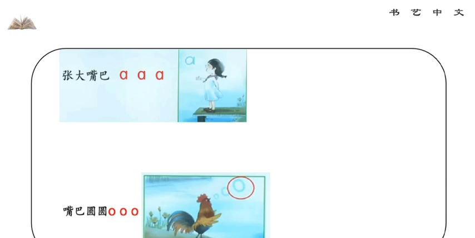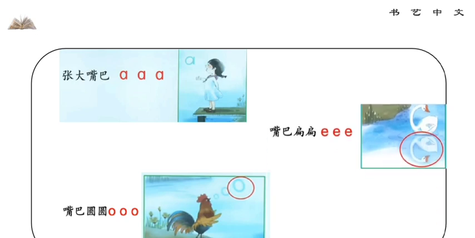O. When you pronounce this syllable, you should round your upper and lower lips. Next one. Read after me. When you pronounce this syllable, you should flatten your upper and lower lips.